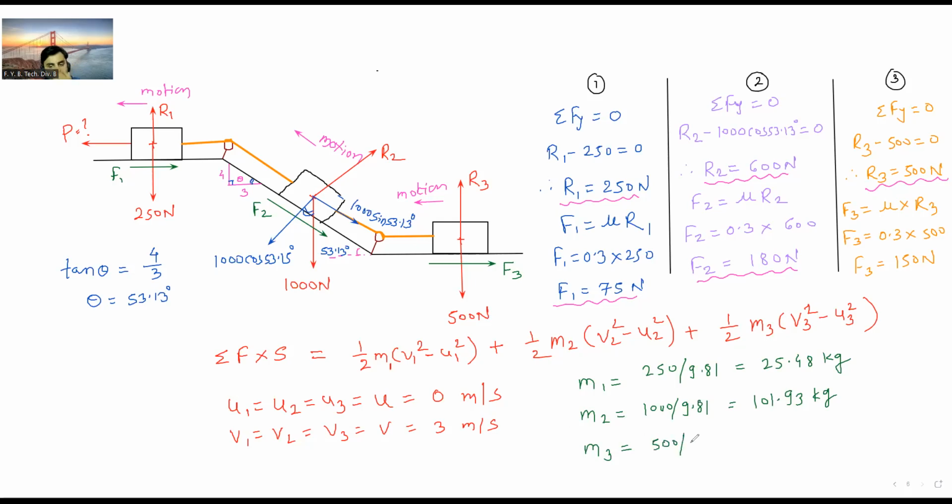So 500 divided by 9.81. Masses are always in kilograms or grams. So it is 50.96. Now put all these values here in the equation. What is this displacement S? So S is given as 4.5 meters.